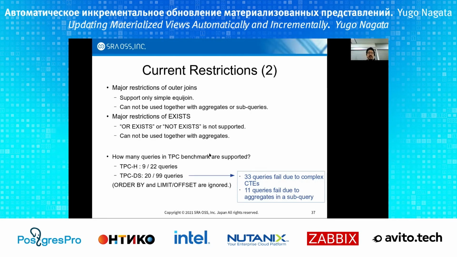In both cases, ORDER BY and LIMIT/OFFSET clauses are ignored. In TPC-DS cases, 33 queries failed due to complexities, and 11 queries failed due to aggregates in subquery.